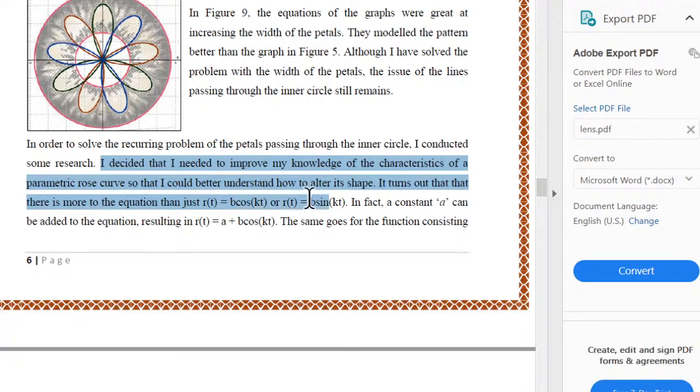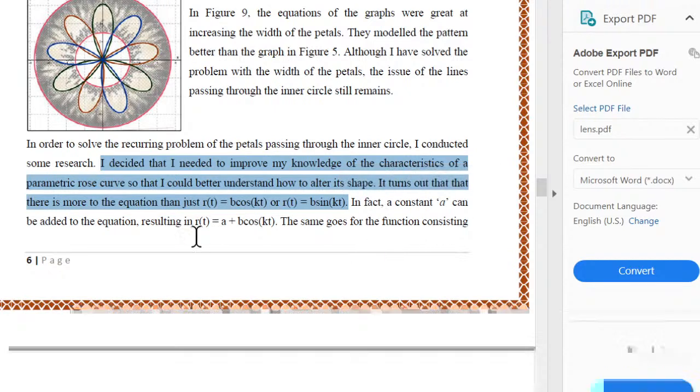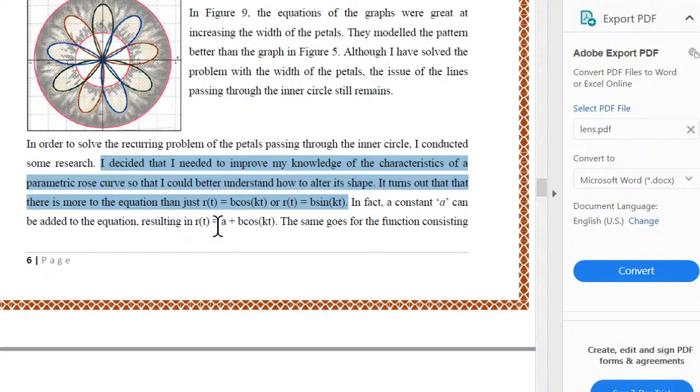There's more to it. R equals a sinusoidal function, the effect of the constant a can be the equation r equals a plus b cos kt. I have an idea of how to get rid of this problem, but let's see if they're thinking what I'm thinking. And it doesn't have to do with this a.